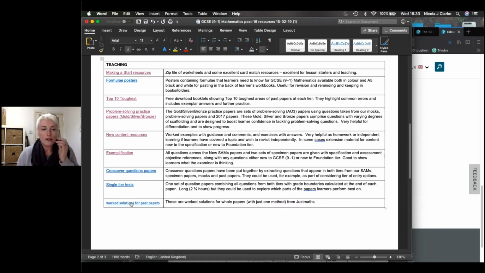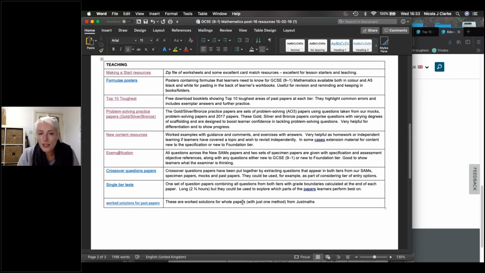I've snuck in another link here for worked solutions for past papers. Again, if you use past papers as mocks or regular assessment, we'll talk about it a little bit more in a moment. The worked solutions are really helpful for learners to follow through as they're making corrections, depending on how you work that. These are for the whole paper, so November 18, 1F, a paper with handwritten answers from Just Maths.